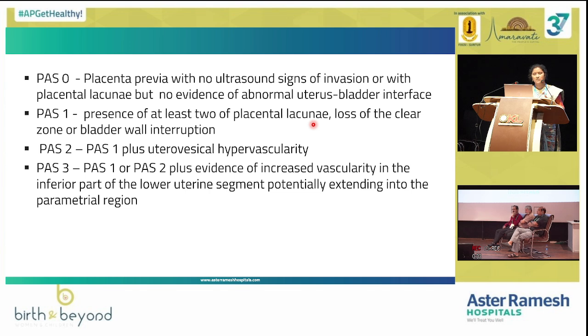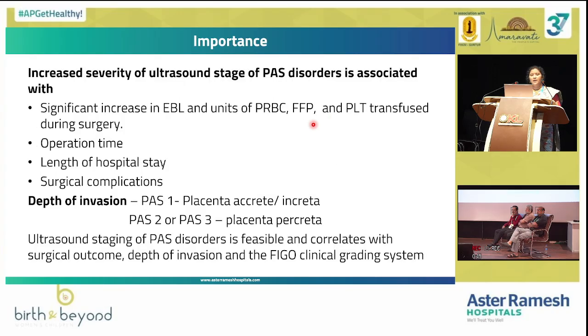Stage 2 is stage 1 plus uterovesical hypervascularity. Stage 3 is increased vascularity in the inferior part of the lower uterine segment extending into the parametrium. As the ultrasound severity increases, the blood loss, operation time, length of hospital stay, and surgical complications will increase.